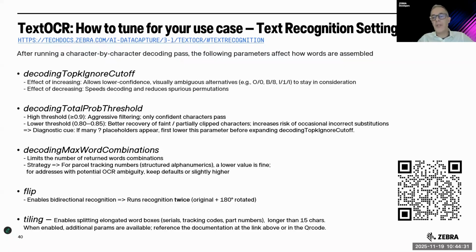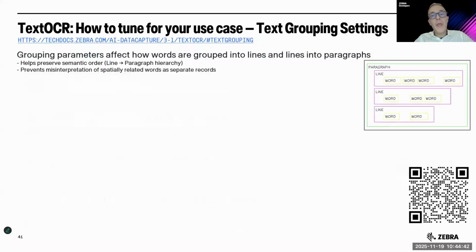For a complete reference, frame the QR code on the right, and you land on the DevTalk page where everything is explained in detail. The final bucket is about text grouping, so the way the words are assembled into lines and lines into paragraphs.